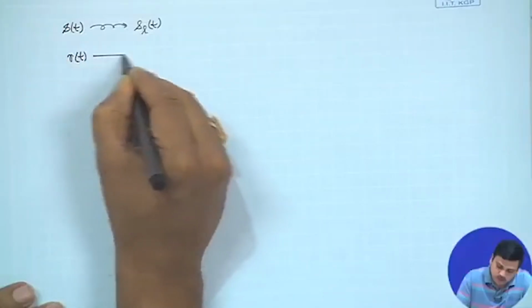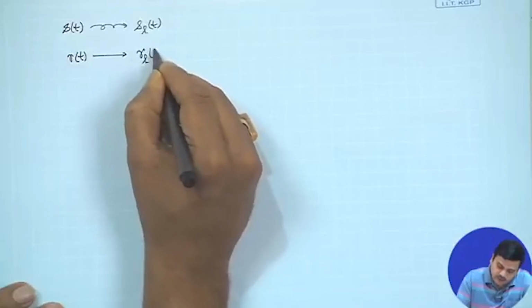Then we moved on and said that you have a passband signal which goes into a band pass channel, and definitely the signal that comes out of this would also be a band pass signal, and we call this R of t. So we connected R of t to correspondingly RL of t.